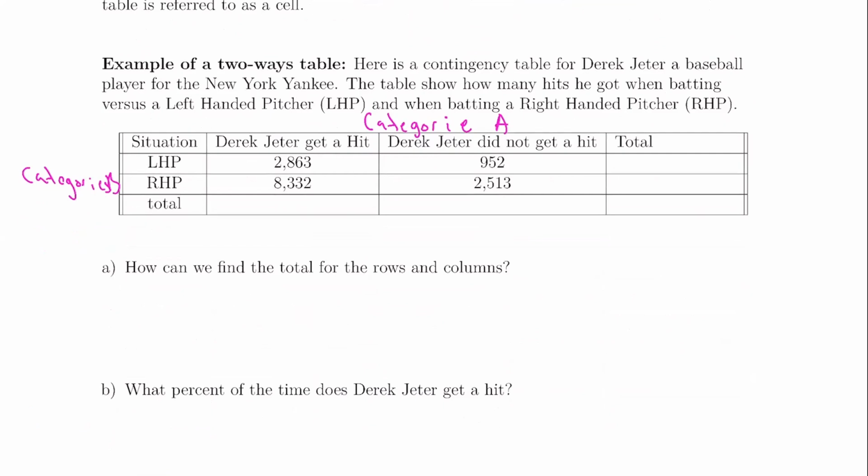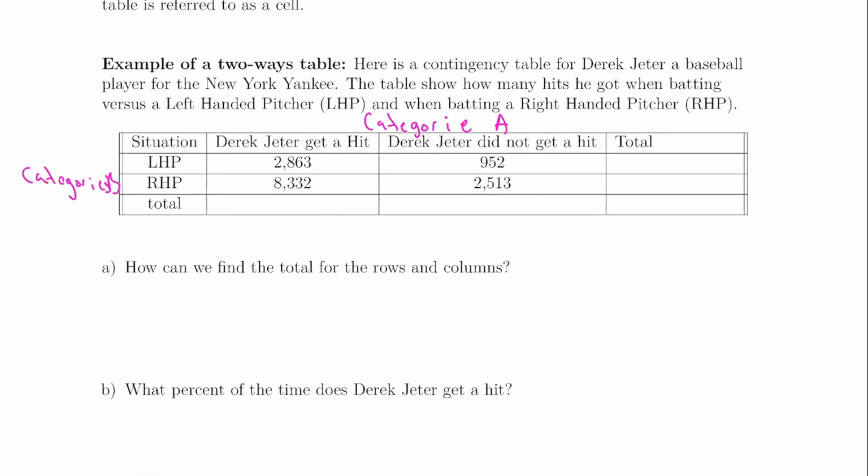All right. So for this two-way table, I have Derek Jeter. What I have in regard to Derek Jeter is whether he got a hit or he doesn't get a hit. And then I have LHP, which means the left-handed pitcher, so the pitcher throwing to him is left-handed, or RHP, which means right-handed pitcher.